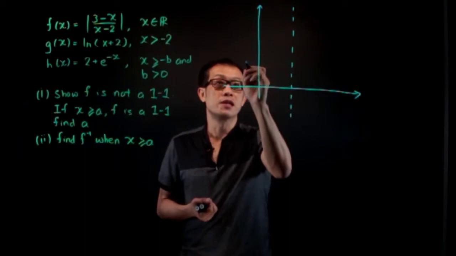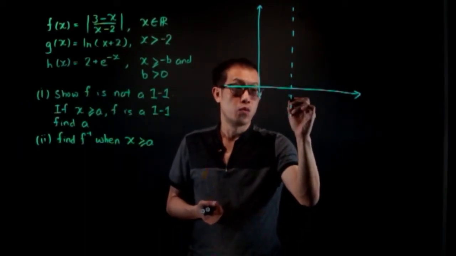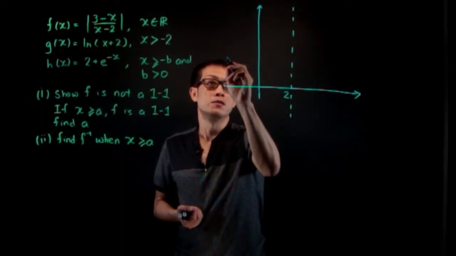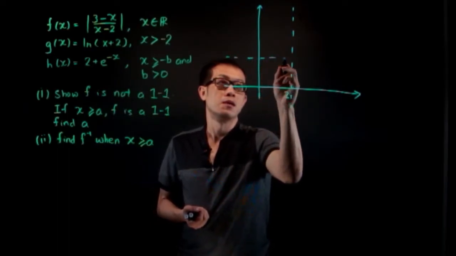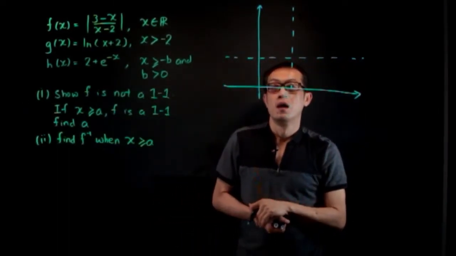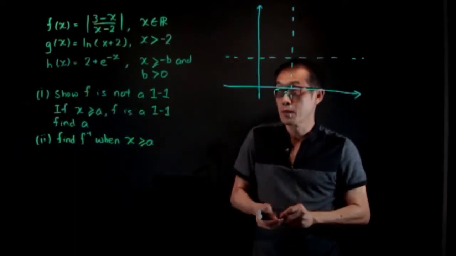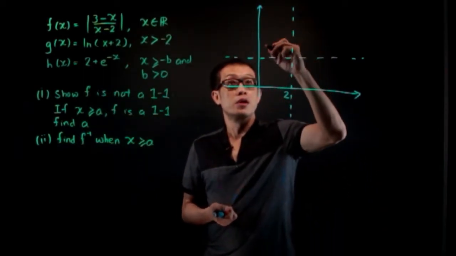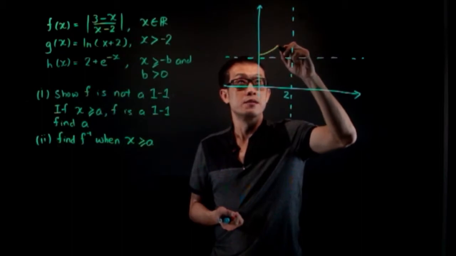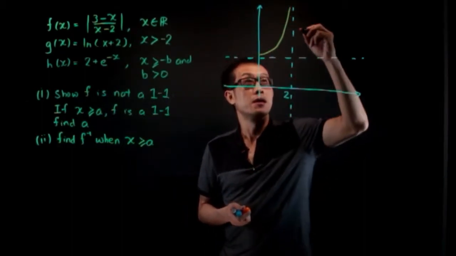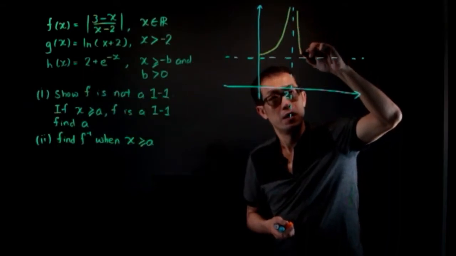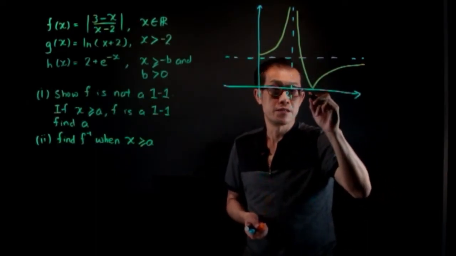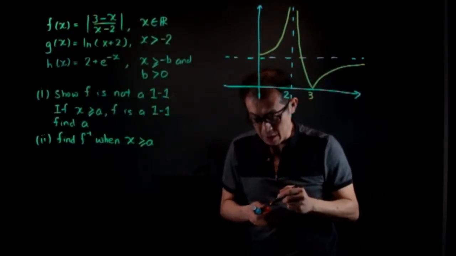So you have a horizontal asymptote at y equals 1. The graph, if you key in, will look something like that. Now you find that this part is 3. This is f of x.